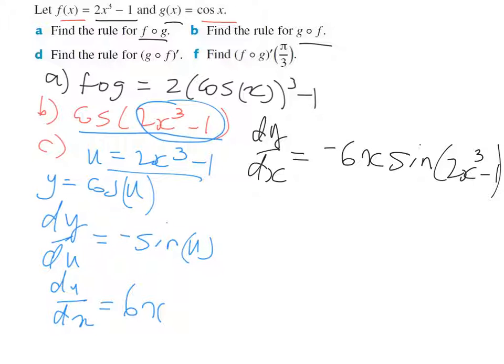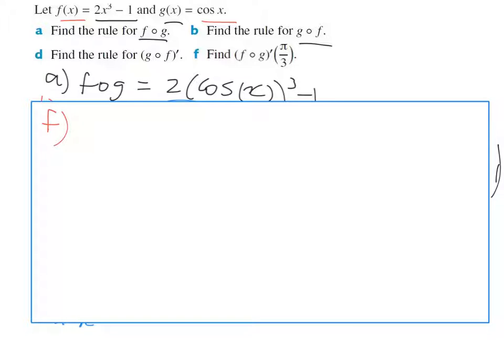So that's what we end up with there. Since it's just jumped, go back and have a look at what I just did and pause the video. Now we're looking at part F.